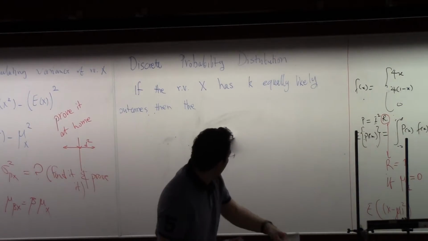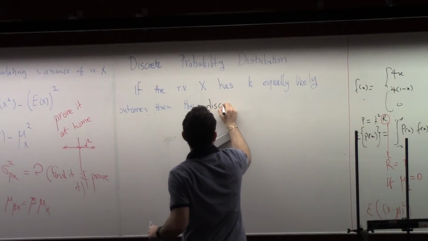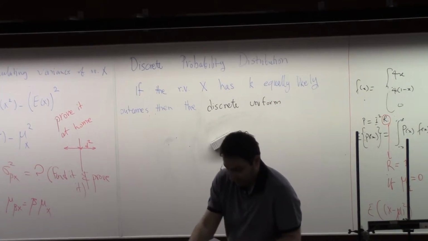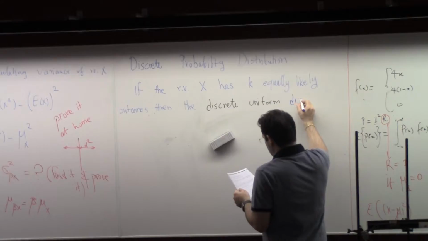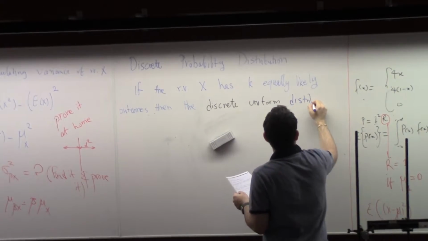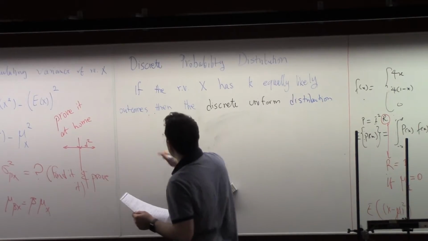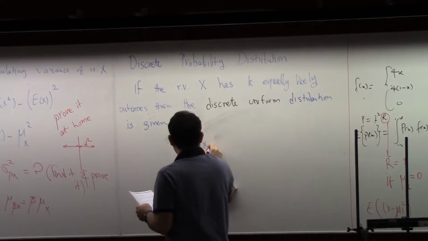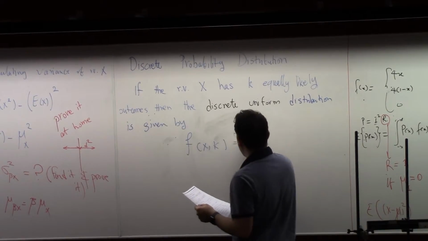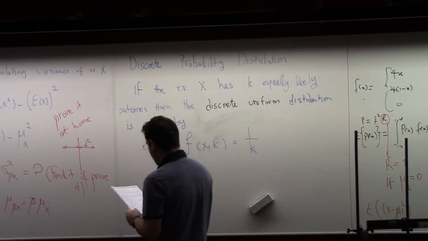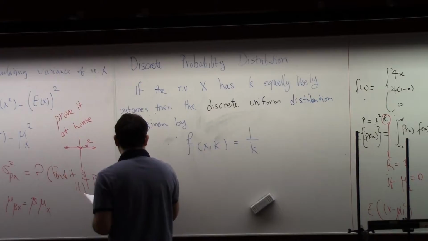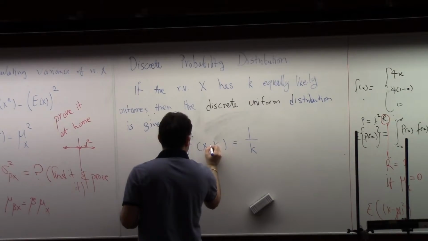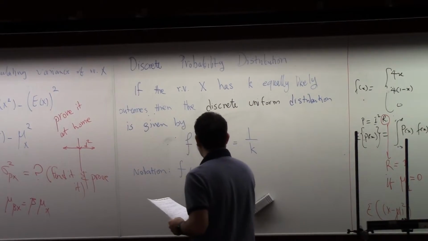So then the discrete uniform distribution is given by f of x semicolon k.